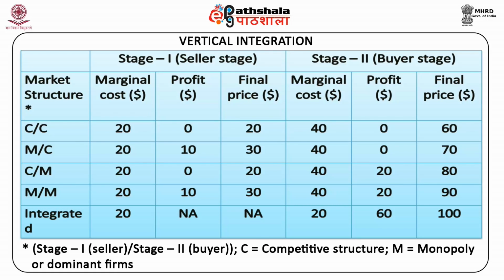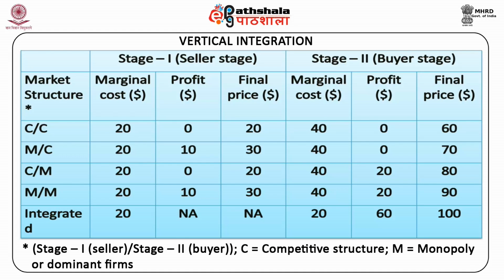For market structure 3, where the seller is competitive and the buyer is a monopolist, the final price will be 80, which is the sum of the marginal cost in stage 1 plus the monopoly price in stage 2, a normal profit earned in stage 1 and a monopoly profit in stage 2.